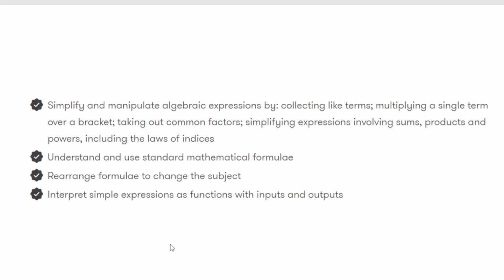Now, is it all about algebra? No, because algebra also includes a few more things. What are those things? If I remember correctly, these are those things.